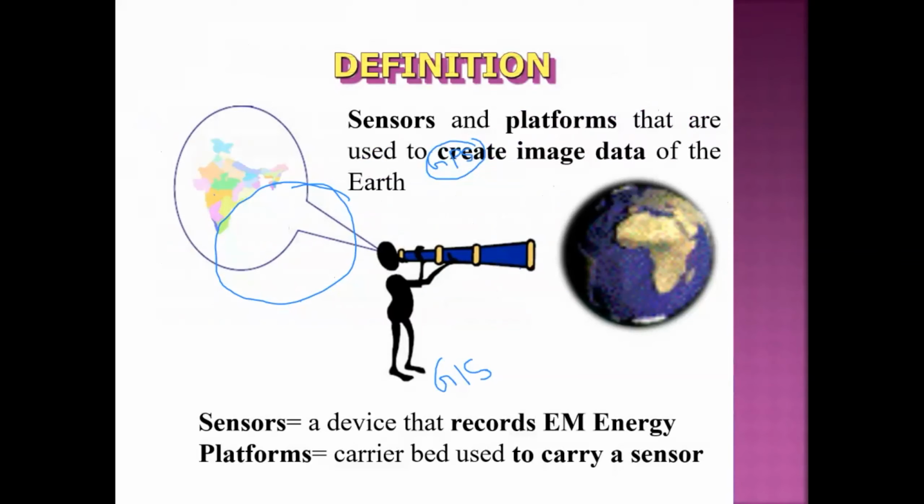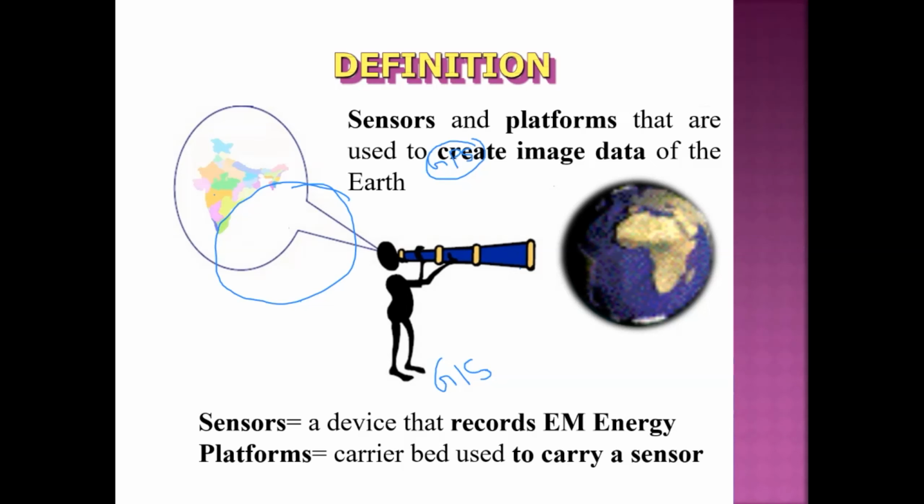Here you see sensors and platforms. I told you that a satellite is not a sensor. A satellite does not give us the data directly. It is the sensor which collects the electromagnetic radiation. The platform is the carrier bed used to carry a sensor.